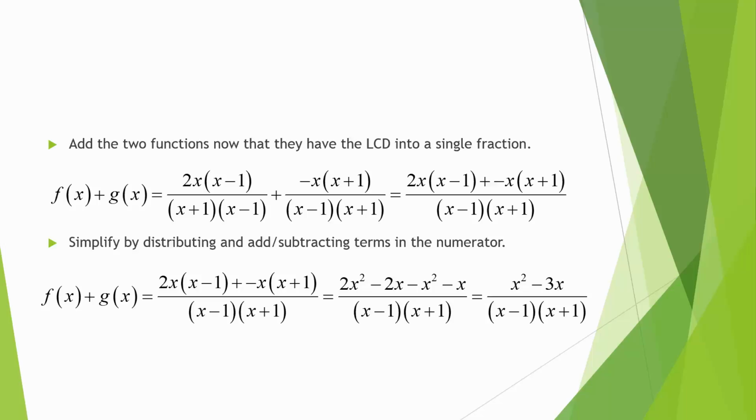This is all equal to x squared minus 3x in the numerator, since 2x squared minus x squared gives us x squared, and negative 2x minus x gives us negative 3x.